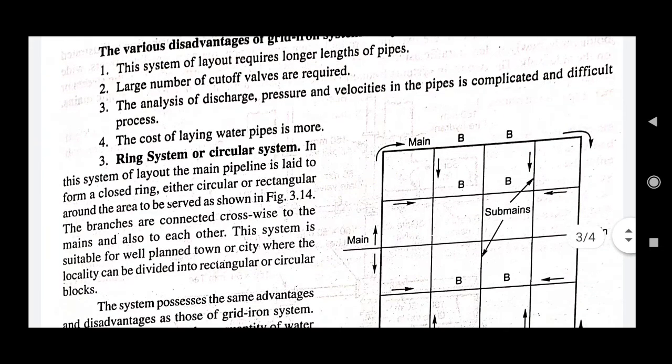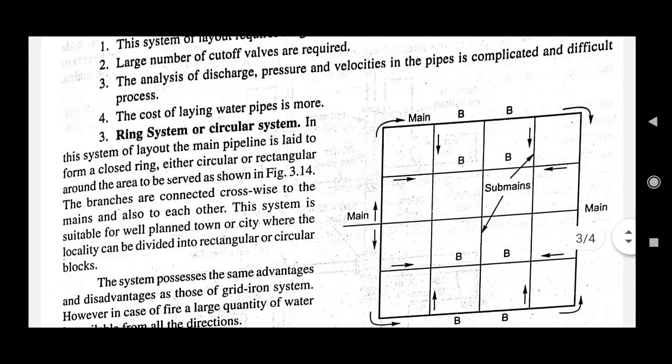What happens in the ring system or circular system is that, in the figure, you can see that the entire locality is being covered by the main pipeline. That is, the main pipeline is traveling or covering the entire locality on the outer periphery, right?